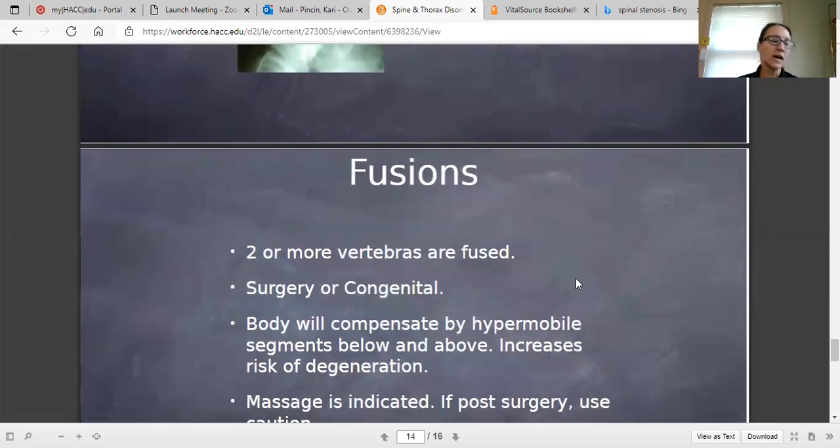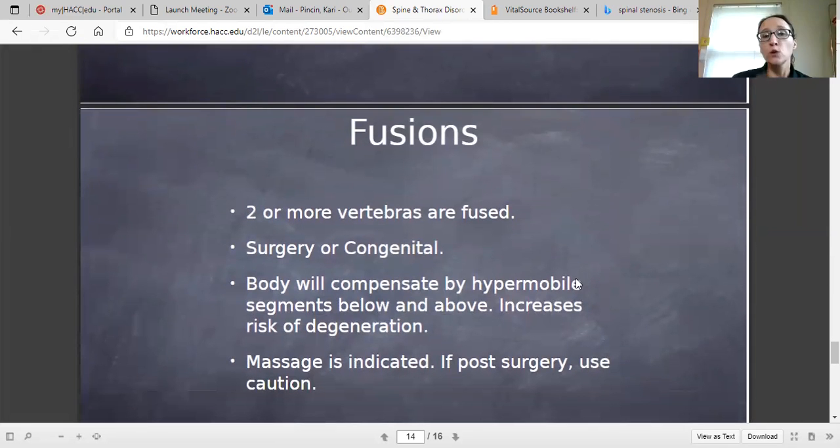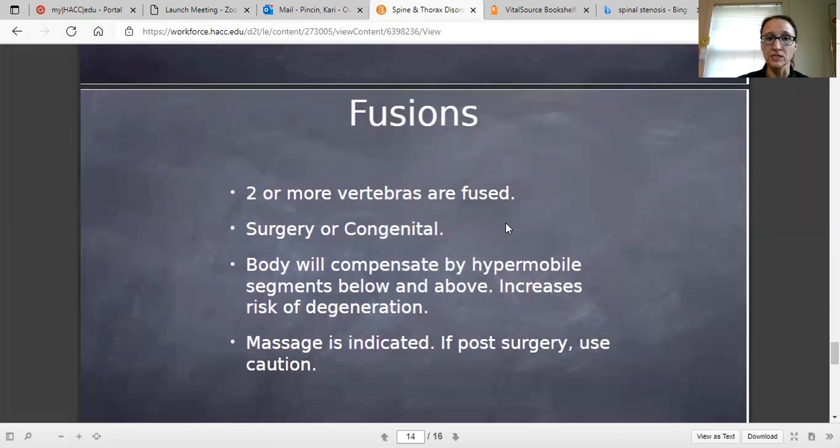All right, so last but not least, we actually have two of the things that are done for some of these injuries. So a fusion is when two or more vertebrae are fused, either surgically or it happens on their own.